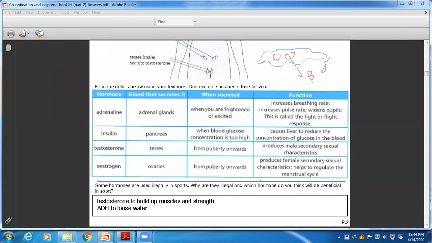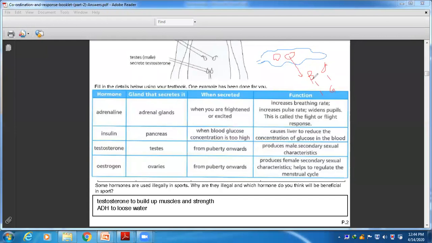Is it clear? So beta cells are responsible for production of insulin, while alpha cells start production of glucagon. Glucagon actually increases the glucose level in your body. When there is a deficiency of glucose in your body, glucagon will convert glycogen back to glucose, and it will increase the glucose level in the body.